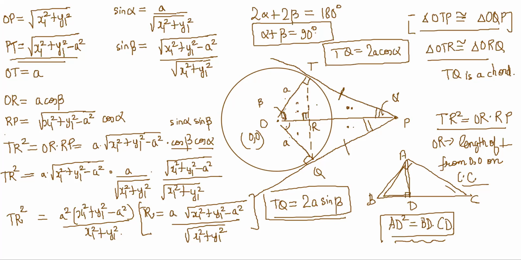And if you know this angle, then you can find TR. Tan of this beta will be equal to TR by OR, right? And this beta you can find easily by doing a by this, or this, right? So trigonometry plus a little bit of coordinate will be faster than any other brute force method.